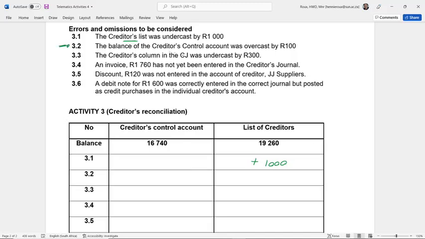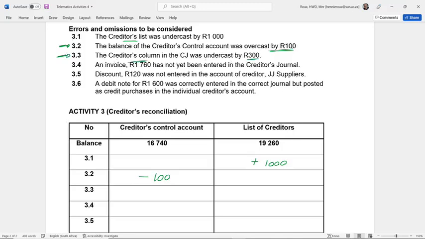The balance of the creditors control account, referring to this one, was overcast by 100 rand. We added up 100 rand too much. We must subtract that 100 rand, adding up mistake. 3.3, the creditors column in the CJ was undercast by 300.